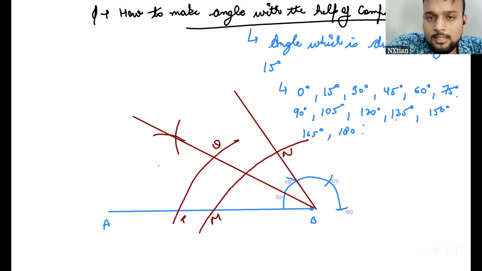Ezekiel, Jehovan, did you understand? How will you make 15 degree? I have to make the angle bisector of P and Q again. Measure PQ, then cut an arc like this.